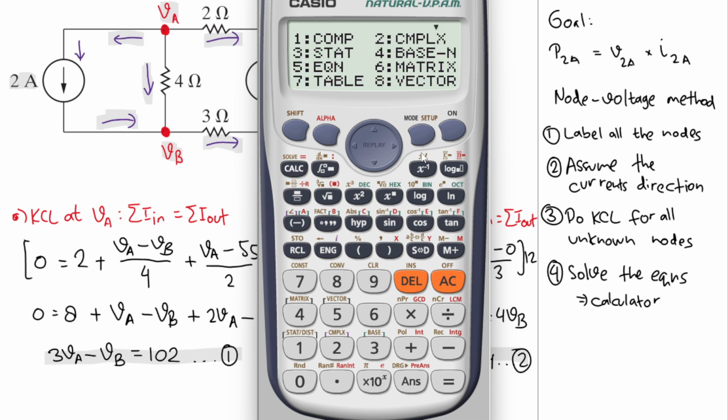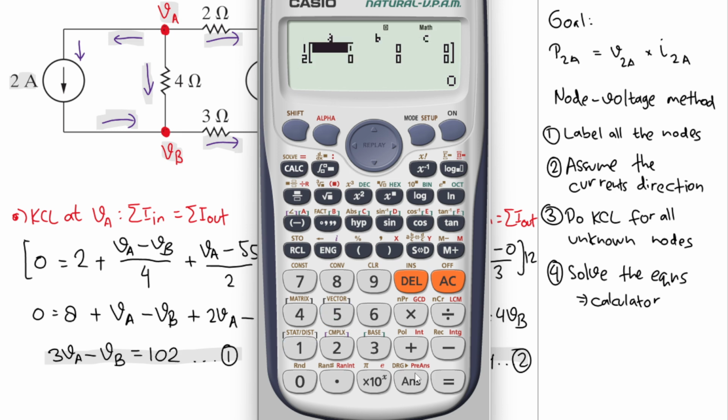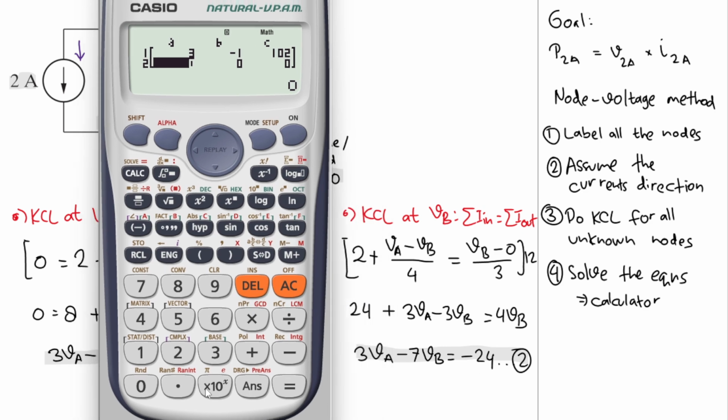Let's set our calculator here as equation solver, which is number 5. 2 variables is number 1, and I will need to plug in all the coefficients. So I have 3, and then minus 1, and then 102. Good, and now we will have 3, then minus 7, and then minus 24.